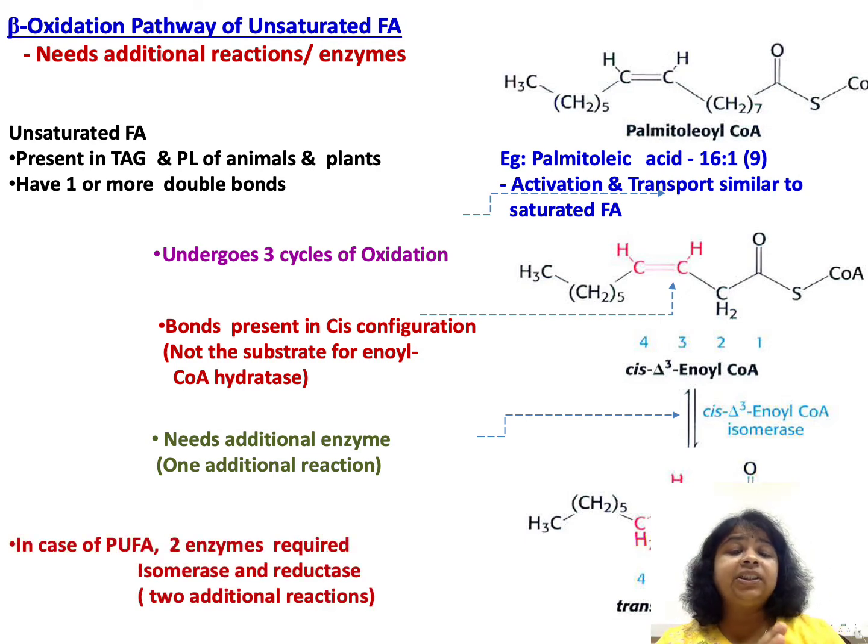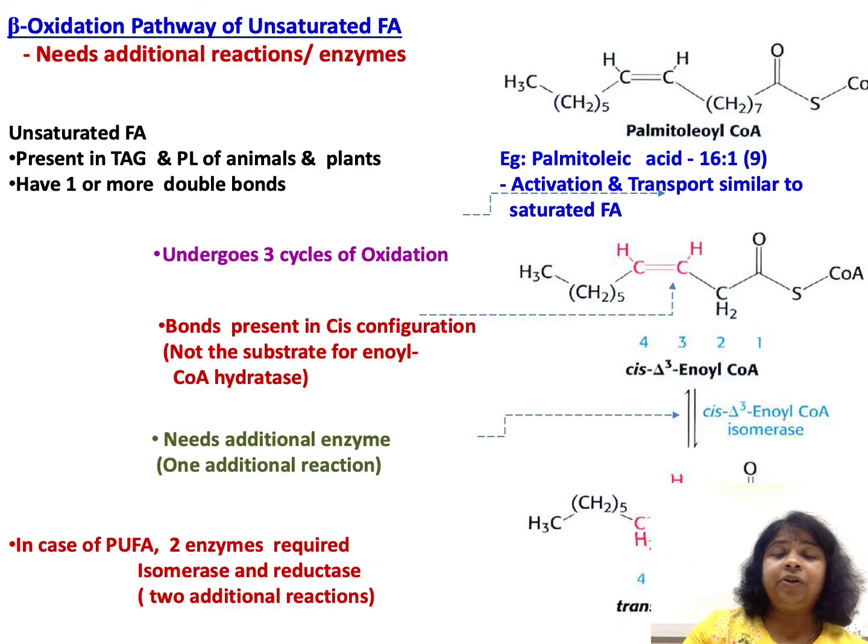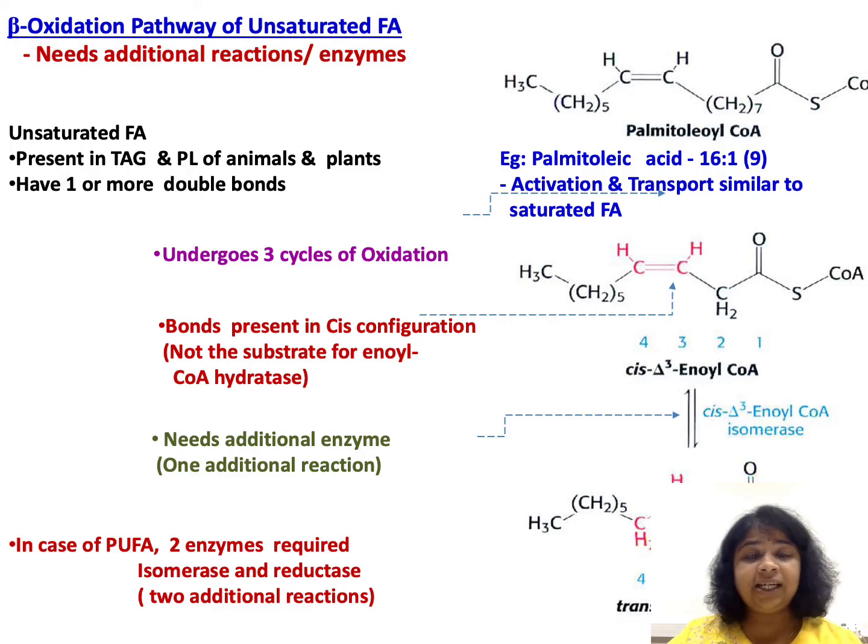Suppose instead of just one double bond, there are multiple double bonds present, then apart from isomerase, another reductase is also needed to reduce that to form a saturated fatty acid, and then it will continue.